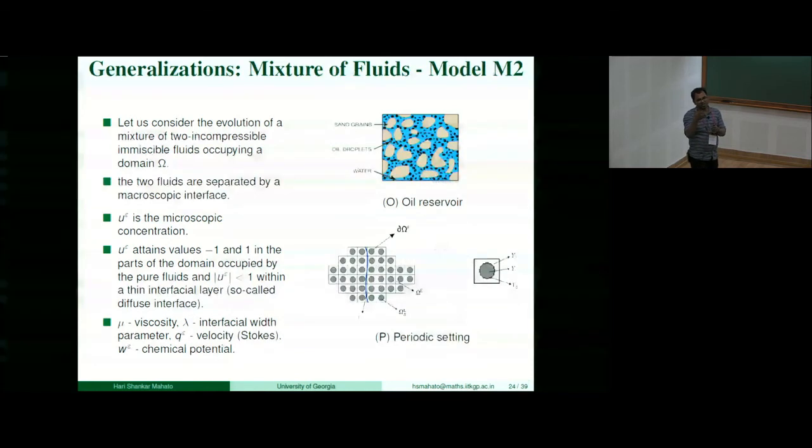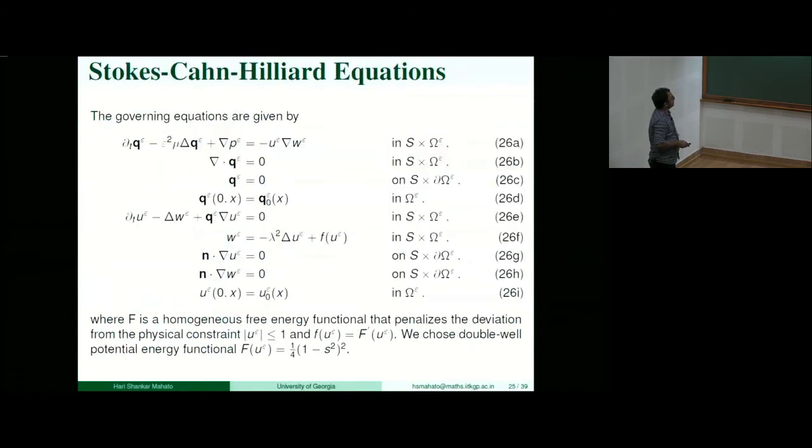For the natural setting, we didn't know how to do the modeling because you have oil and water scattered everywhere. So for the time being, we assume that there is a global layer that separates the water from the oil. We say that U epsilon is the microscopic concentration of the oil, mu is the viscosity, lambda is the width of the interface, and Q epsilon is the Stokes velocity, based on which our Stokes-Cahn-Hilliard equation will look like this.